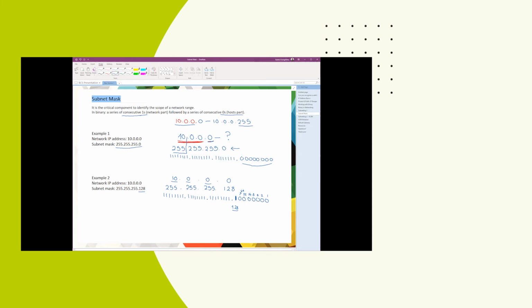So my range is going to be 10.0.0.0 up to 10.0.0.127, because my next network is going to begin from 10.0.0.128. Depending on the subnet mask, you don't know up to what maximum IP address this subnet can go, because we need a subnet mask to tell us the range.